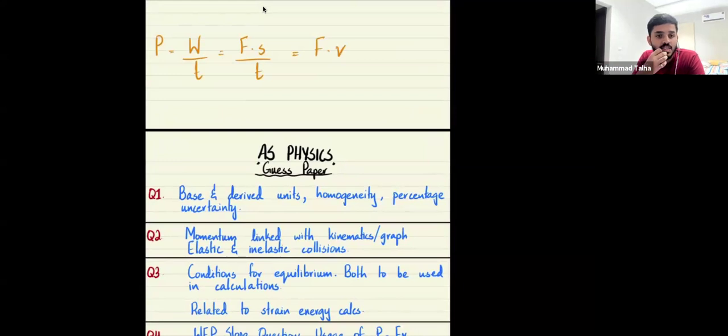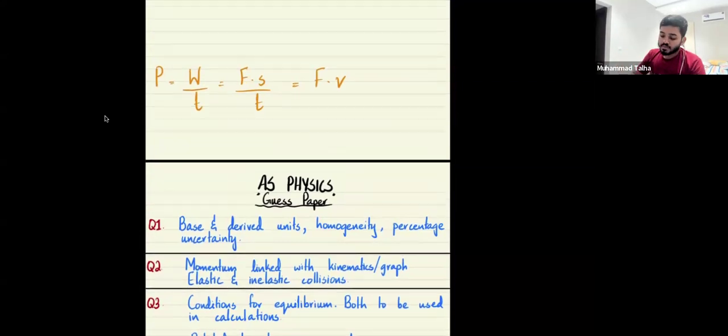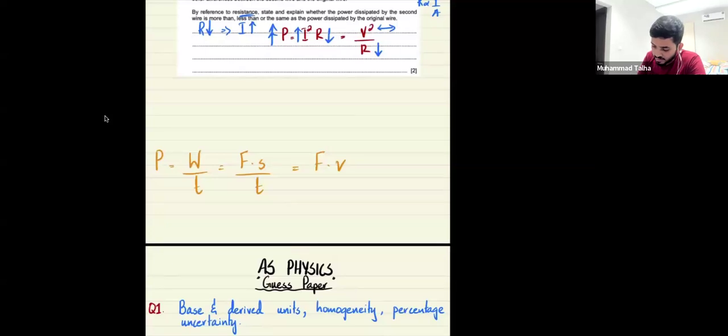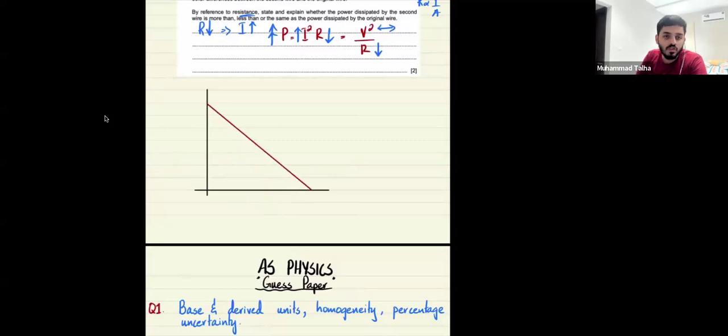But sometimes the mark scheme says it's internal resistance. Huh? Oh, you're talking about another graph then. You are then talking about this graph. That's not the graph of a variable resistor. I mean, in a way it is.